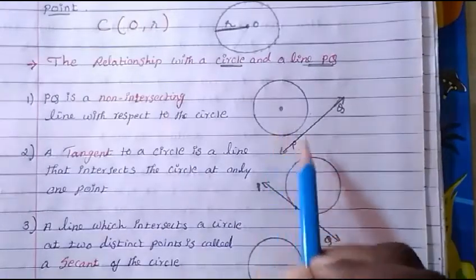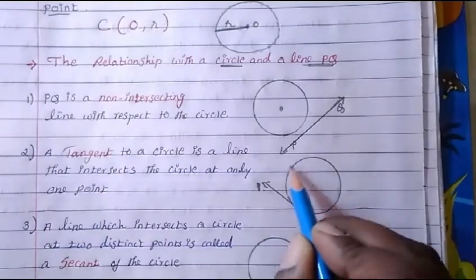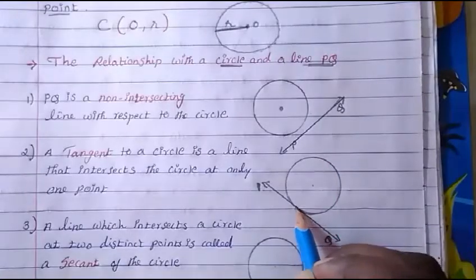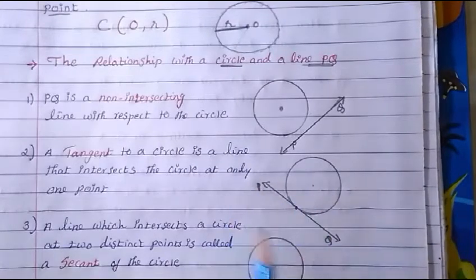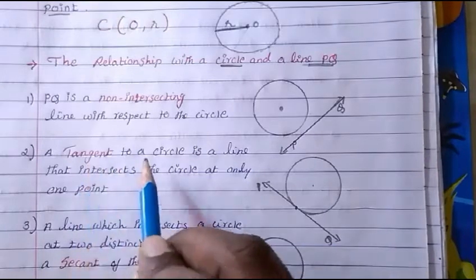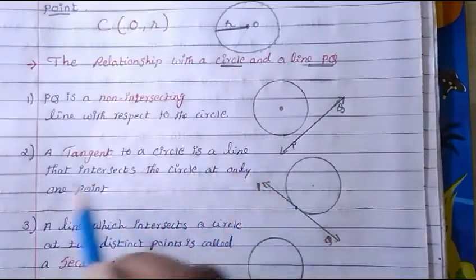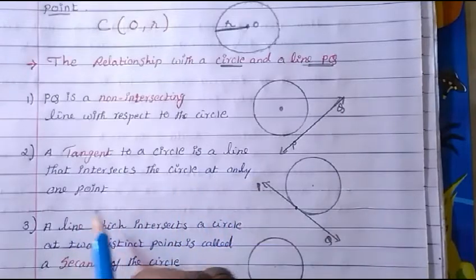We know the circle is a set of points, but at one point the line PQ is touching the circle. What do we call this type of line? A tangent.